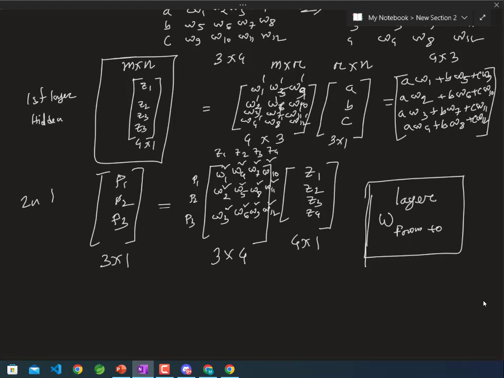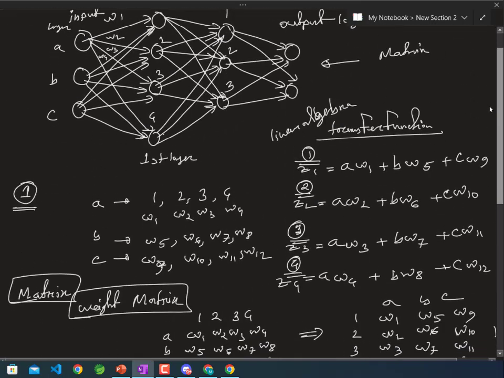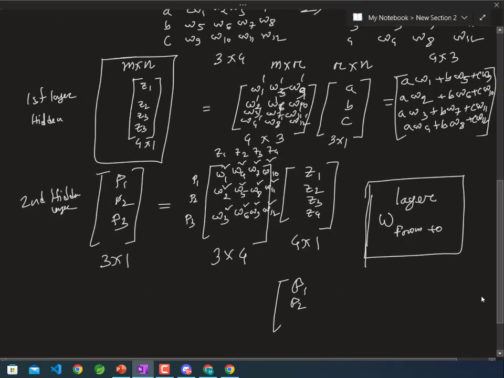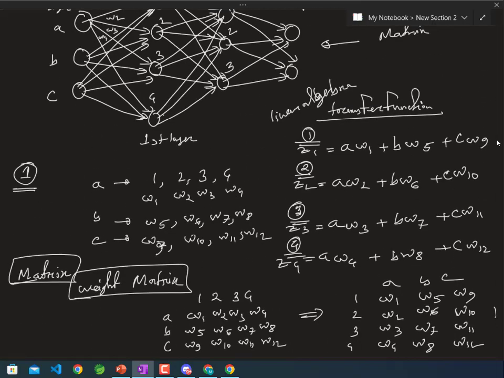and the output of P1, P2, P3 will be moved on to the next outcome, P1, P2, P3, that will be multiplied with some multiplications and will generate the last outcome of the output layer of O1 and O2. Right?